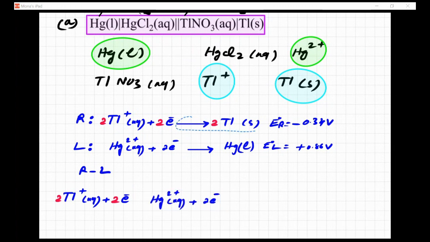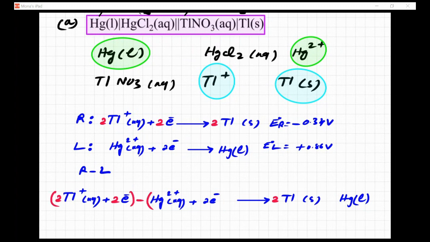This is the right of the first reaction, and this is the right for the second reaction. I will now make sure that I am using the signs: this is minus this, equal to minus.